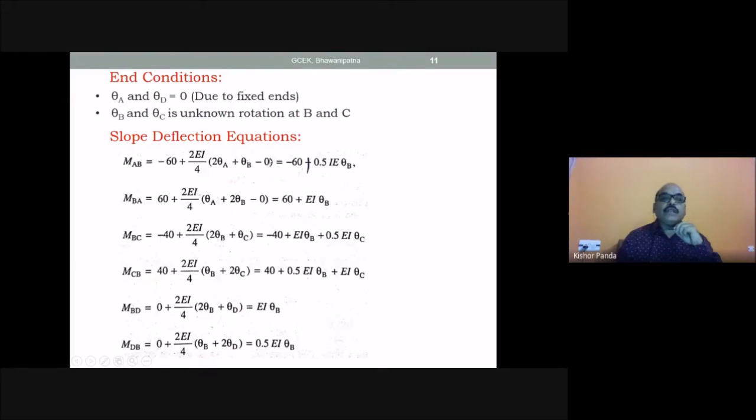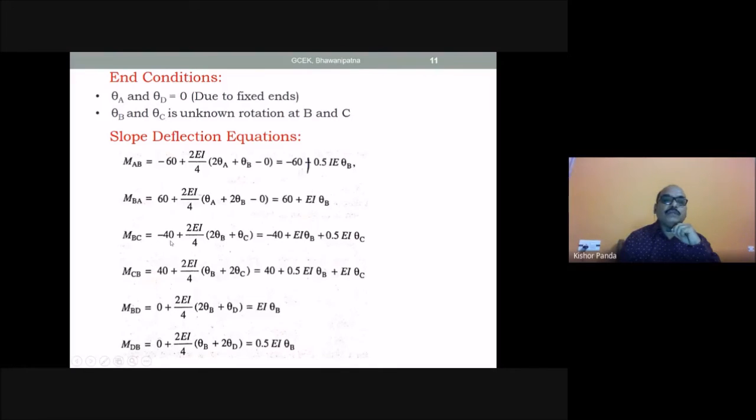So delta is 0, theta is 0. After putting this, you will get MAB. Then MBA is equal to MFBA plus the moment due to rotation and the moment due to displacement. Delta is 0 and theta is also 0, and this is the final moment equation.